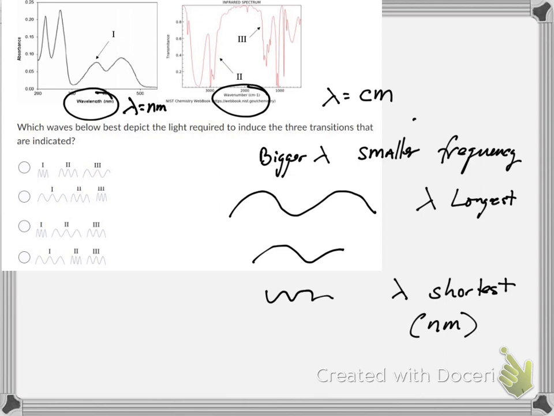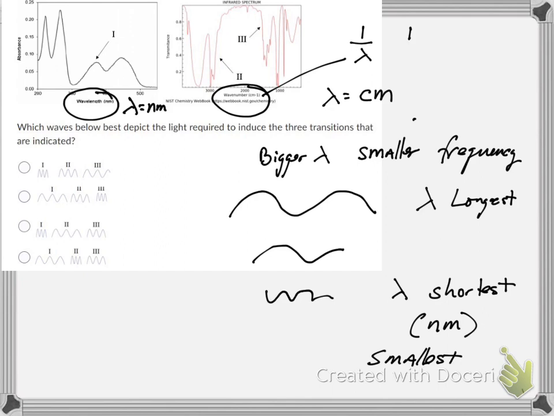Centimeters are big compared to nanometers. So we would pick the little wiggly line as Roman numeral 1, right? And that's true for options A and C. But now we have to turn our attention to whether 2 has the longest wavelength or 2 has the shorter wavelength. All right, so let's take a look at that.